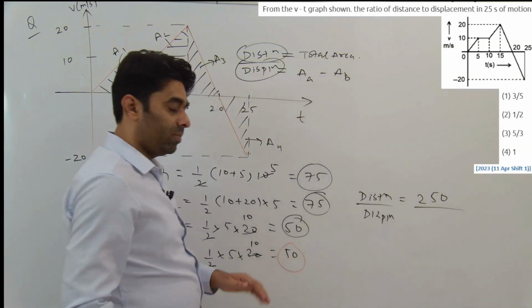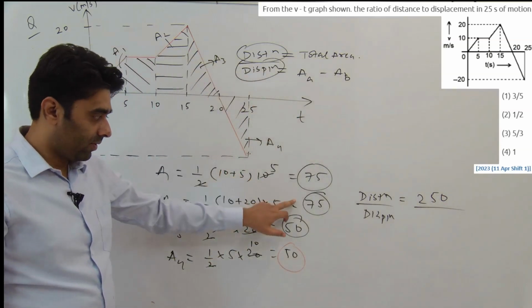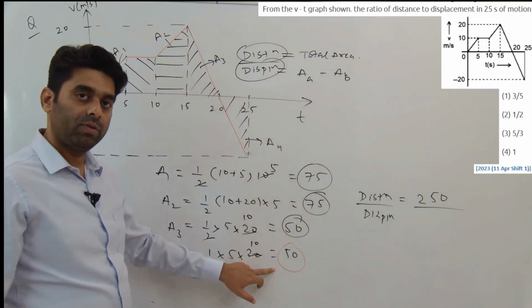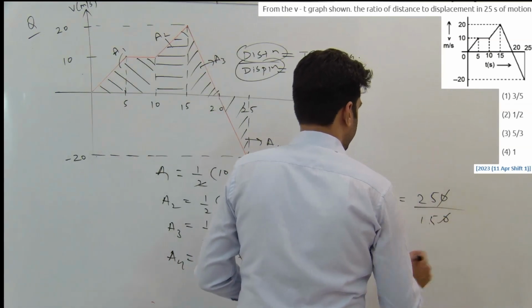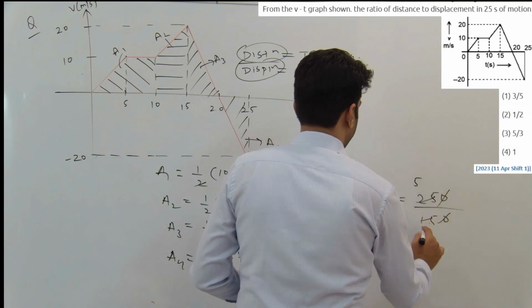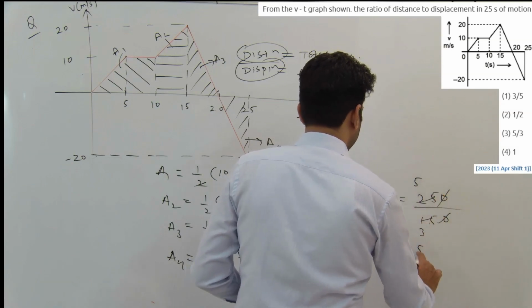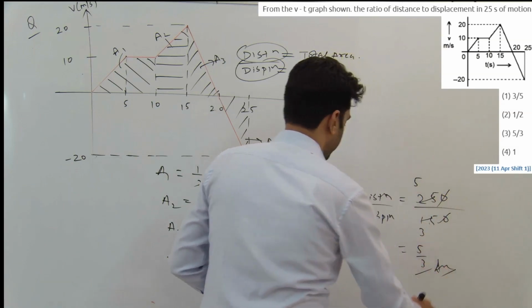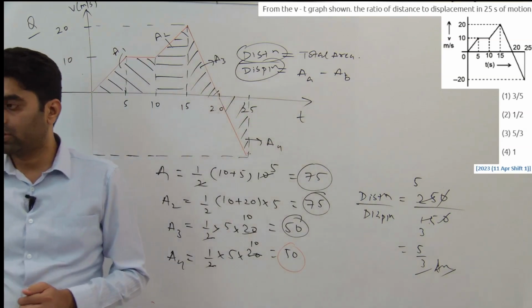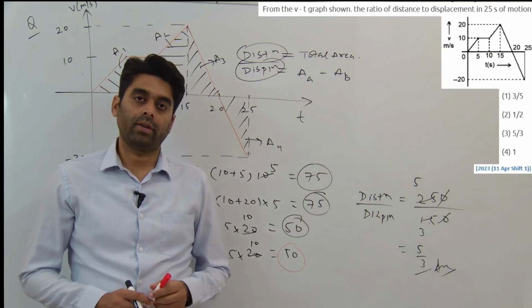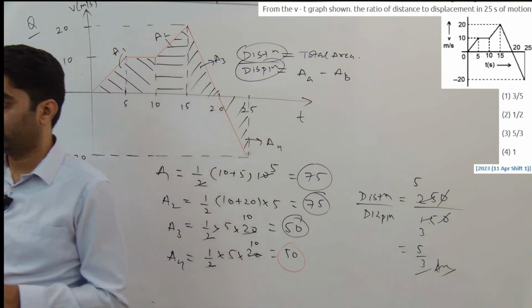Displacement is area above minus area below: 200 minus 50 is 150. How much are we getting? 5 by 3. So the ratio comes out 5:3. Which option is it? Option number 3. Option number 3 is the correct answer. Let's look at the next question.